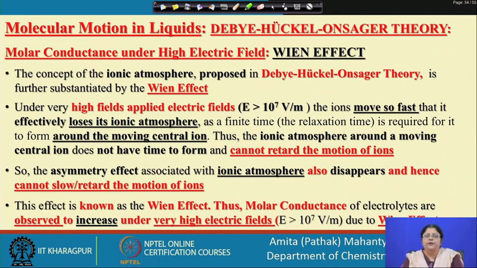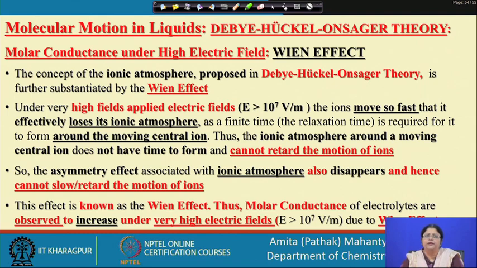And you have to understand this: the ionic atmosphere which we are associating, we are not disturbing that if the electric field is not that high. They move along with the ion, and because of the asymmetric effect and the electrophoretic effect, these two effects associated with the ionic atmosphere tend to retard their motion through the solution.